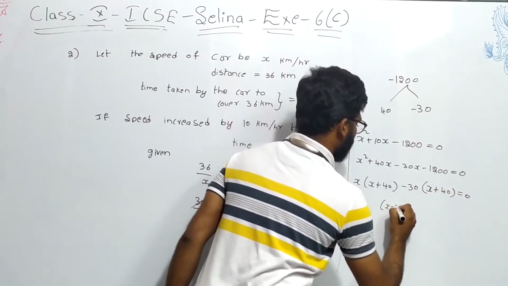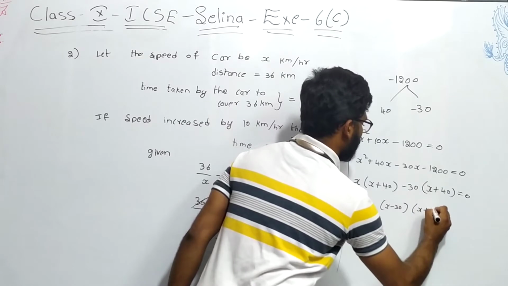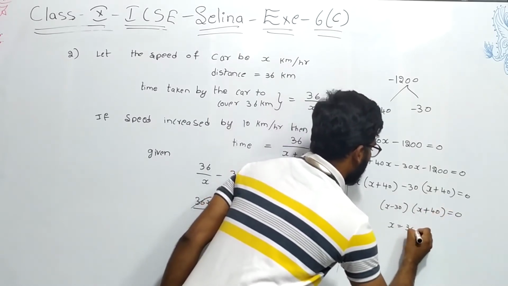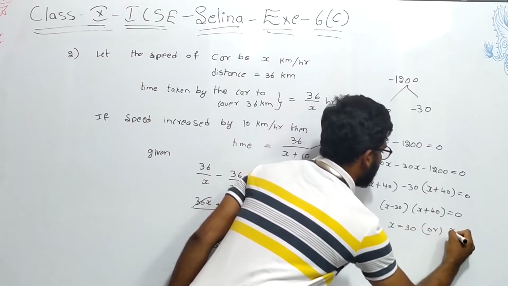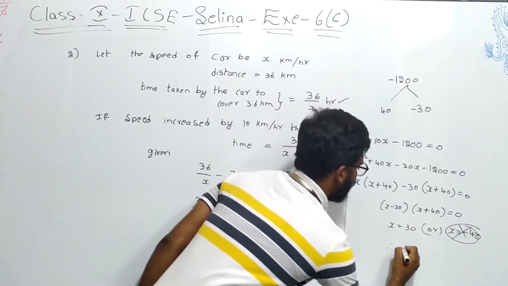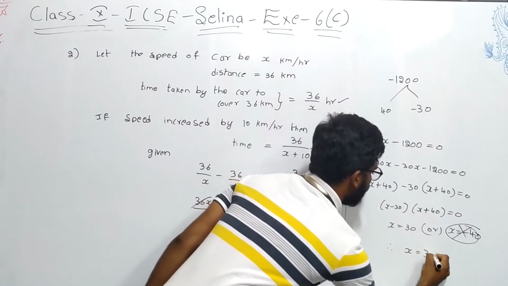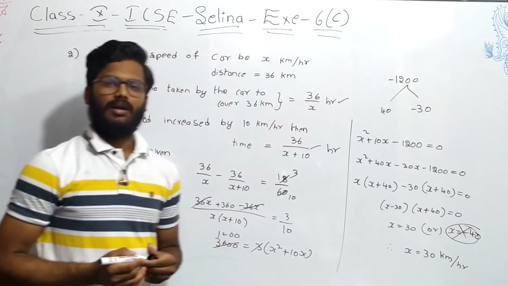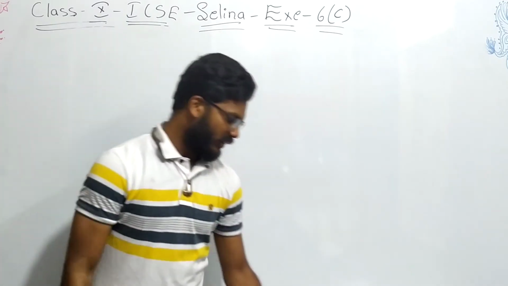So x minus 30 into x plus 40 is equal to 0. So x is equal to 30 or x is equal to minus 40, as speed is never negative. Therefore, speed of the car is equal to 30 kilometer per hour.